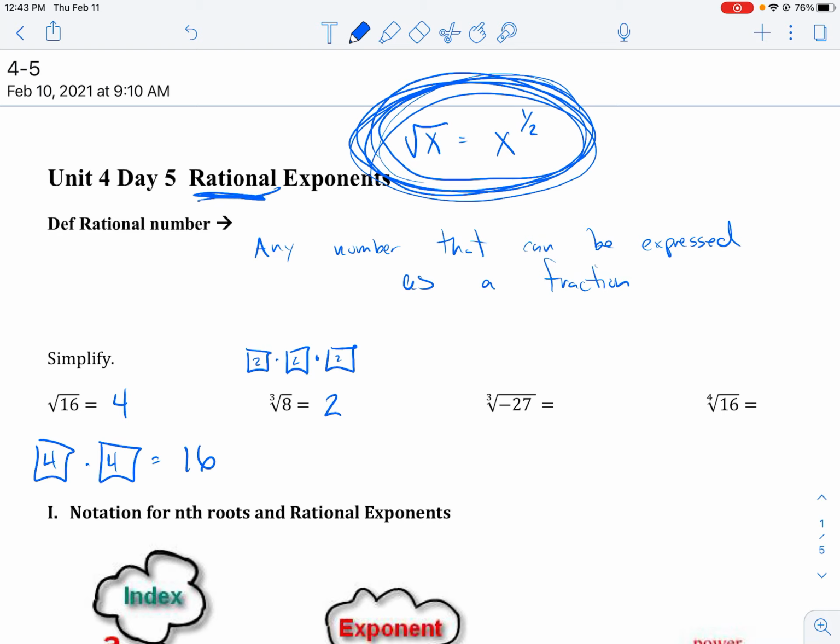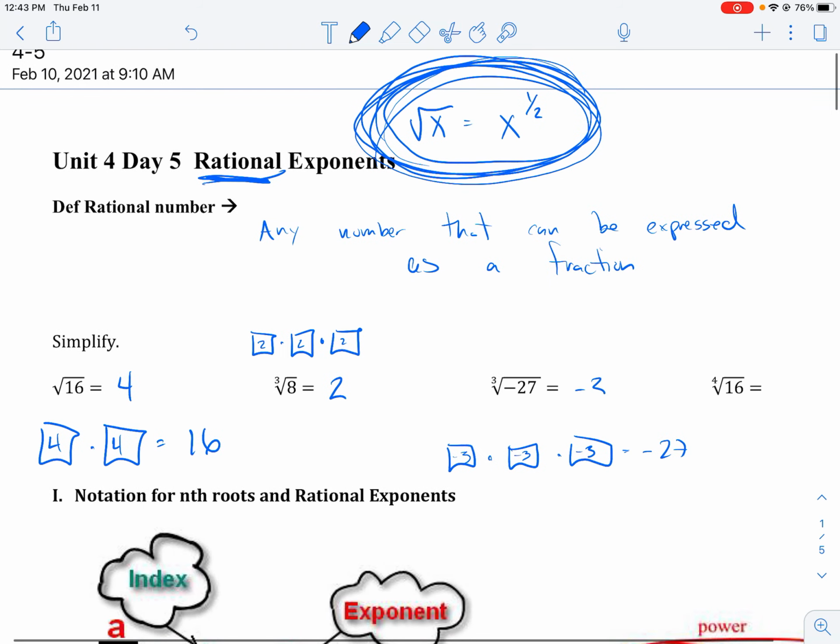How about this one over here? What number times what number times what number is equal to negative 27? The answer is negative 3. You're probably thinking, wait a second, that's a negative underneath the radical.